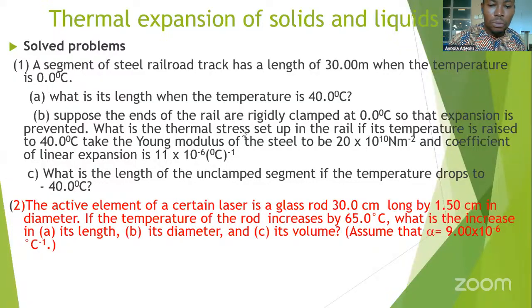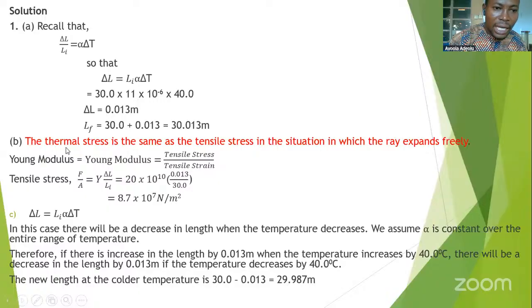So let's go to the solution now. I said the thermal stress is the same as the tensile stress in the situation in which the rail expands freely, in which you allow expansion to occur. Let's say you allow expansion to occur, you can calculate the tensile stress that you did in SS1.